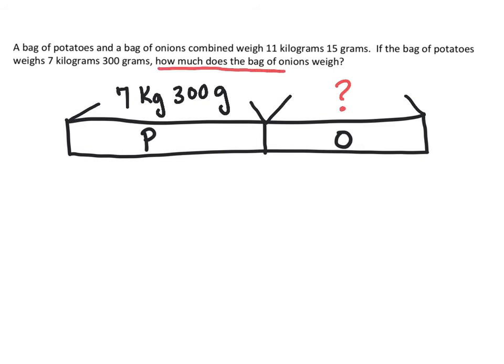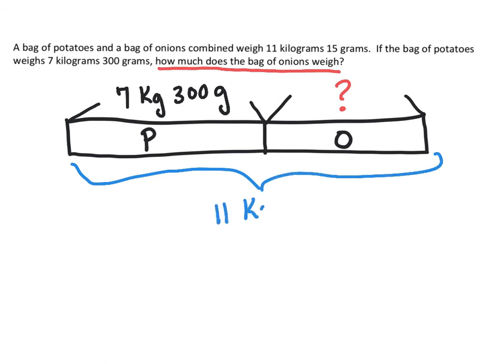How much does the bag of onions weigh? But we do know both bags put together, this whole thing right here, weighs 11 kilograms and 15 grams. So we need to figure out how much just the onions weigh.